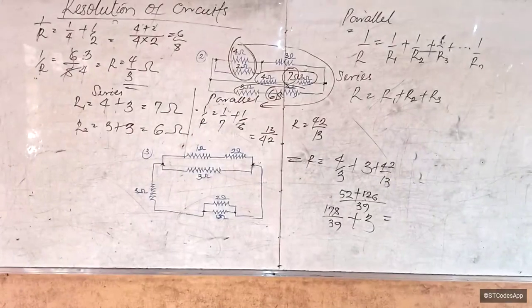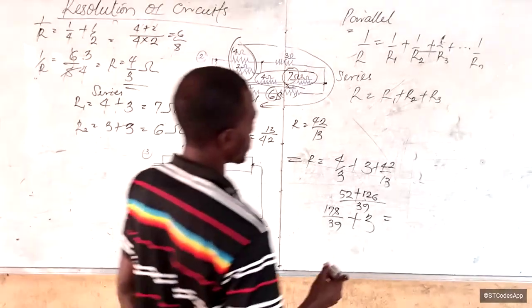Press AB. Okay, what did you get? 4 point what?